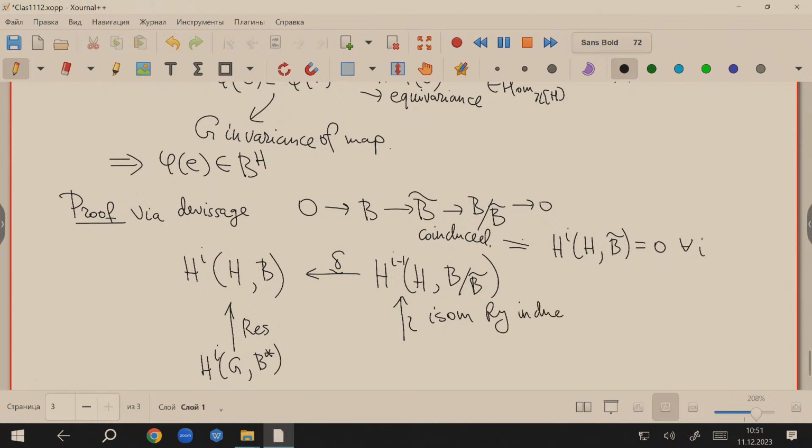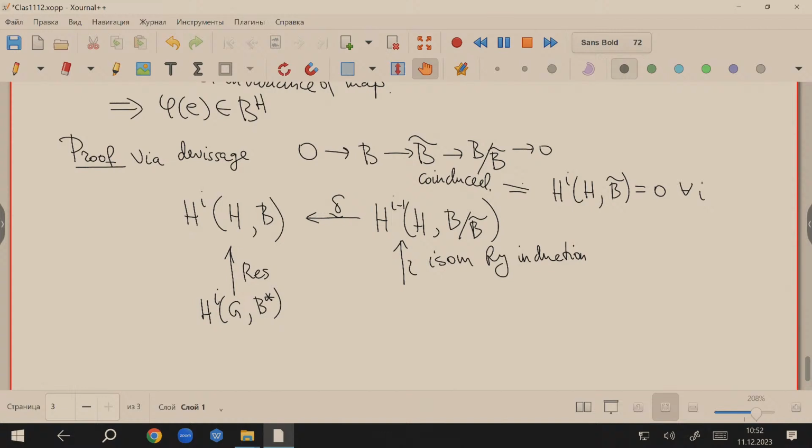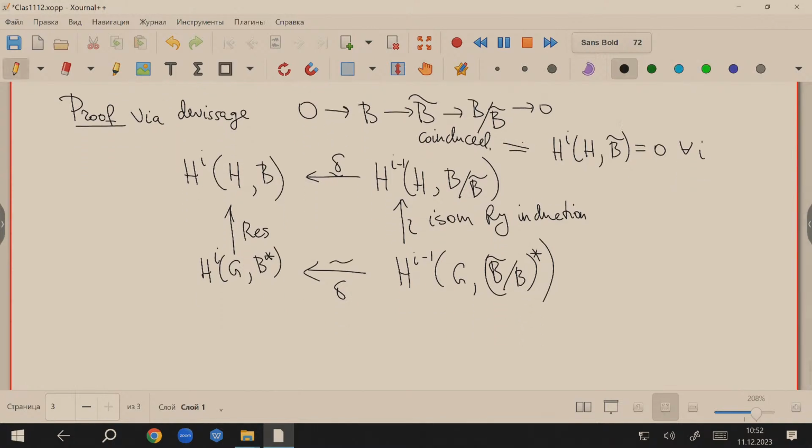In order to apply induction, you should also notice that if you consider the corresponding module for G, you have to take the induced module of B tilde mod B, which, it's a small exercise, is just equal to G, B tilde star, B star.